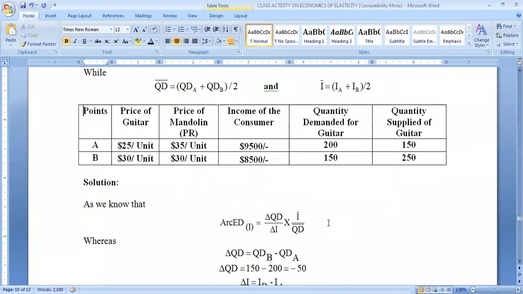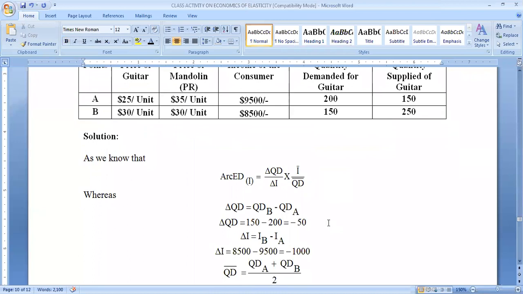The table is mentioned so that we can clearly see the values and avoid any difficulty. As we know, the formula for arc elasticity of demand with respect to income is delta QD over delta I multiplied by I bar over QD bar. Within this formula, we again have four components: delta QD, delta I, I bar, and QD bar, right?